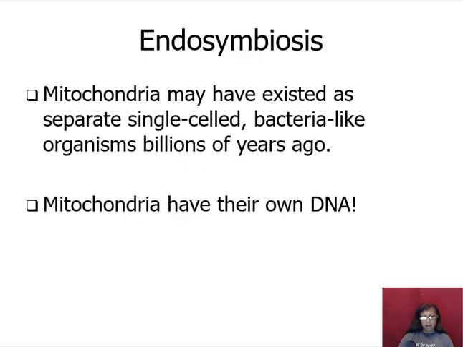And we already talked about the endosymbiosis theory to try to explain why mitochondria, which have their own DNA, exist inside of cells. So we have two places where we house DNA in our cells, right?